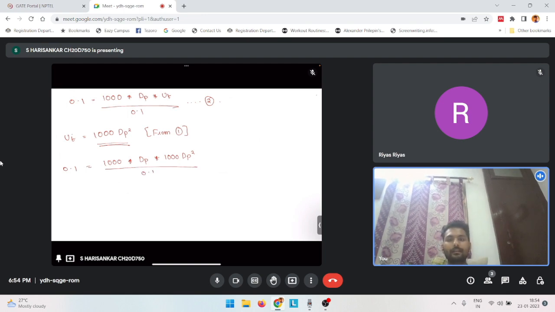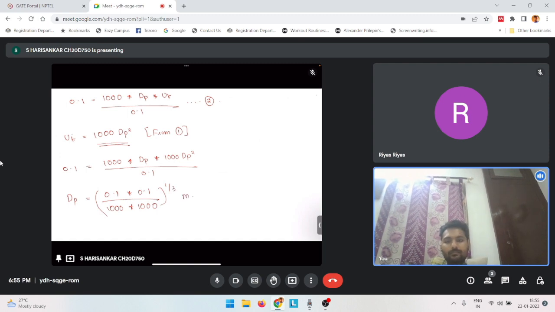So this is an equation with only dp as the variable. If we simplify and solve for dp, we get dp is equal to (0.1 into 0.1 by 1000 into 1000) the whole raised to 1 by 3 meters.